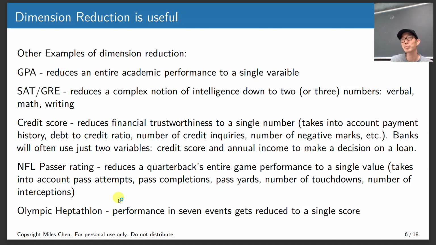It is by definition very reductive, but it's useful in that it can be used to make a quick comparison between different students. If you have one student with a 3.9 and another student with a 2.9, there's a big difference.